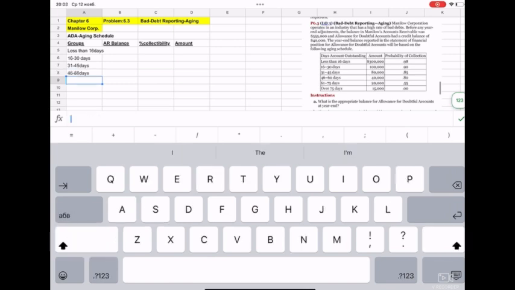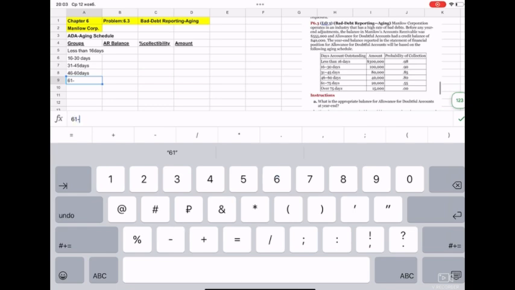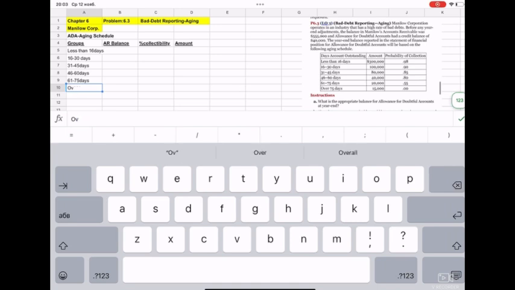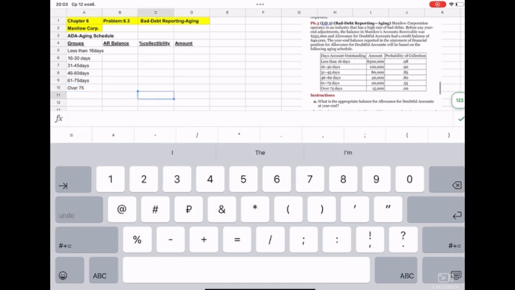So 300,000, 100,000, 80,000, 40,000, 20,000, 15,000. Here the percentage of collectibility is 98, 90, 85, 80, 55, and 0.